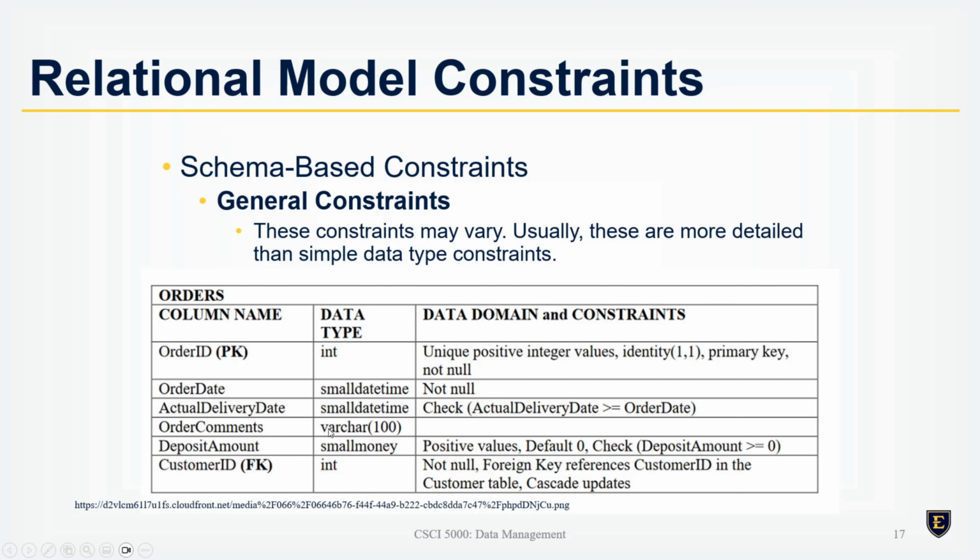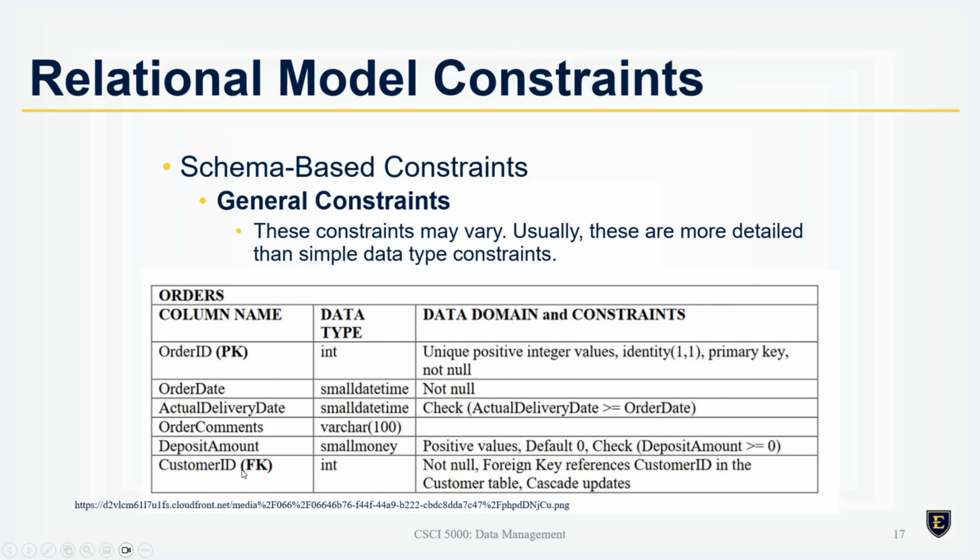Order comments, that's a character field of 100 length. The deposit amount, it's some kind of monetary value. It has positive values. The default value for that is 0. And we need to check that the deposit amount is greater than or equal to 0.